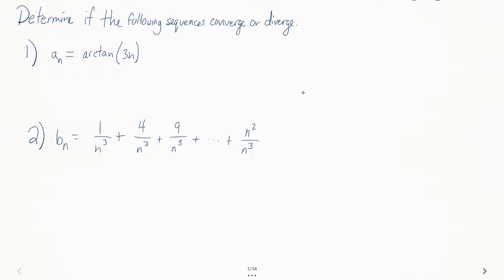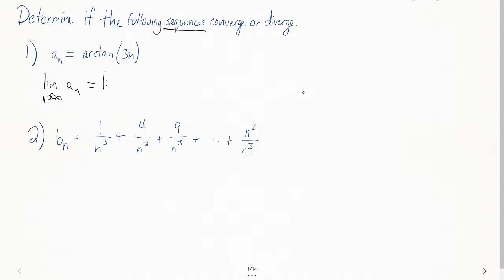And where we're going to begin is sequences. So we're going to determine if these following sequences converge or diverge. So when looking at this, we're going to start with a_n equals arctan of 3n. When you're trying to determine if it's convergent or divergent, you're just taking a look at the limit as n goes to infinity of whatever your sequence is, assuming it's in terms of n.